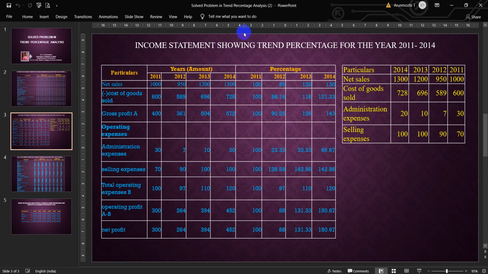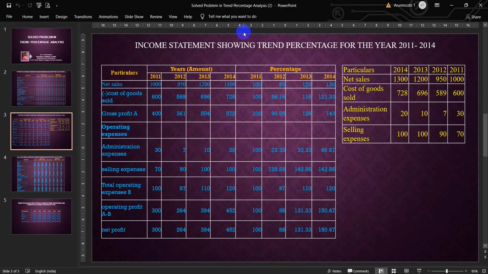We get operating profit and then the net profit. How are we to proceed with the sum? Here we have net sales. I have told you already that 100 should be the base year. So for net sales alone, 2011, 1000. 2012, 950. 2013, 1200. 2014, it is 1300.